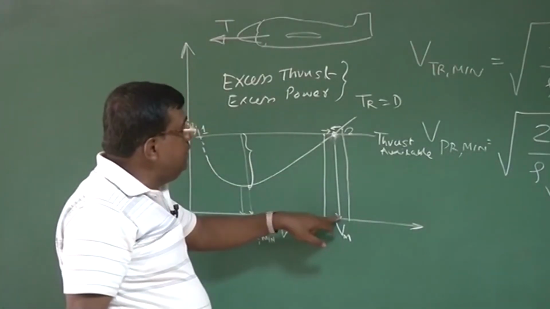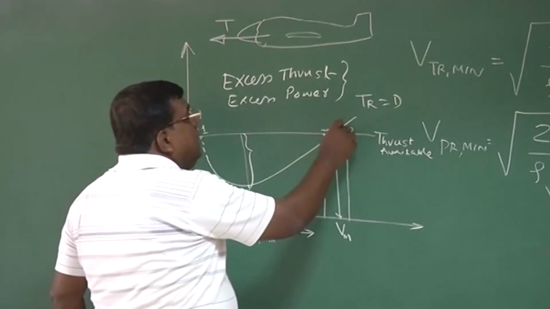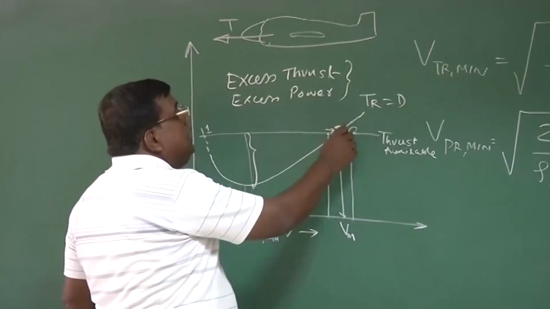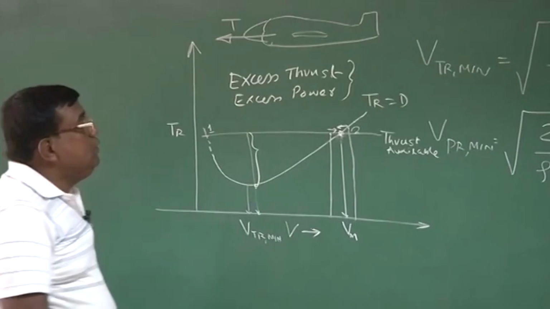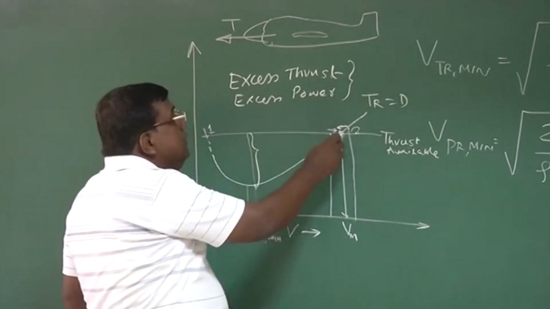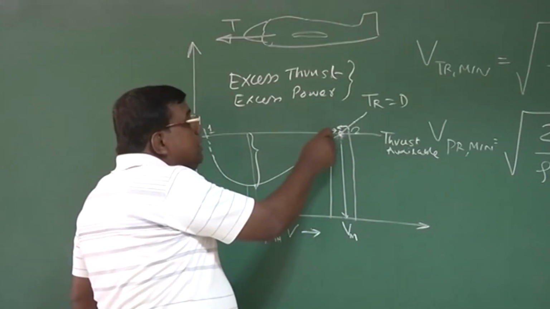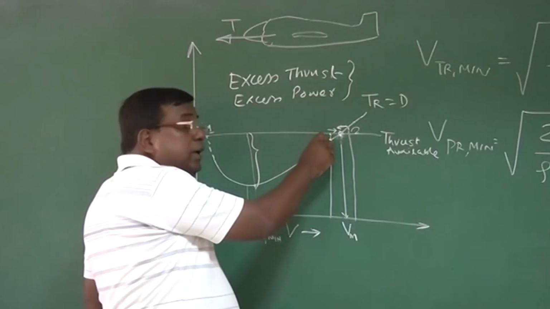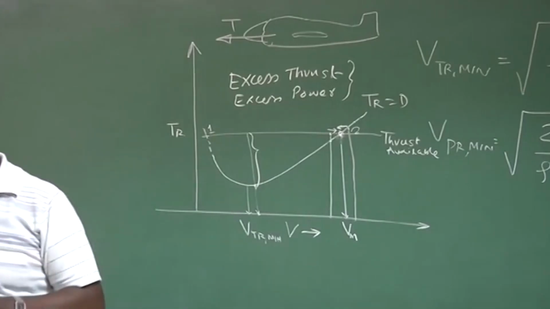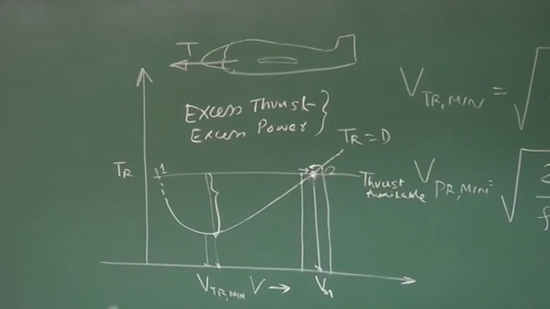If for some reason the velocity has increased, from this graph we could see the drag experienced by the airplane will be more than the thrust given by the engine, so it will start decelerating and have a tendency to come back to this point. Similarly, if it is flying at a speed less than Vm, the thrust will be more than the drag experienced by the airplane, so it will have a tendency to go back to this point 2.